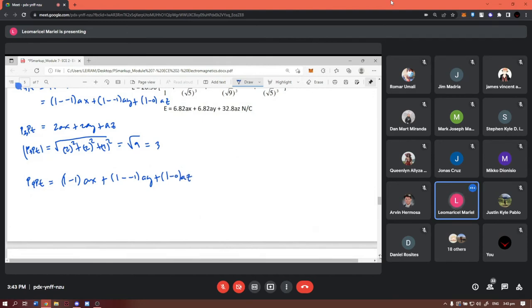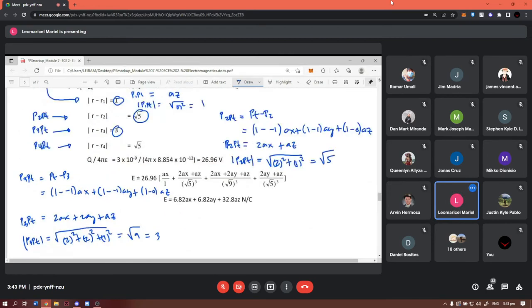Getting P4 PT, that will be 0 na to. So that will be 2AY plus AZ. So getting the magnitude, P4 PT will be square root of 2 squared plus 1 squared, and that entails square root of 5. Yun din yung nakuha natin dito.